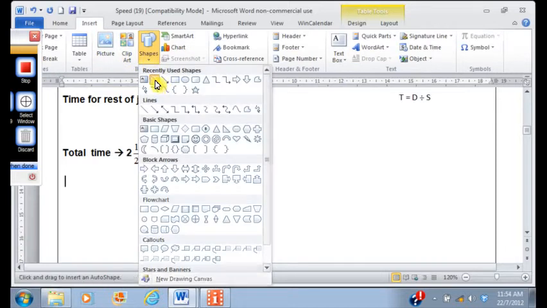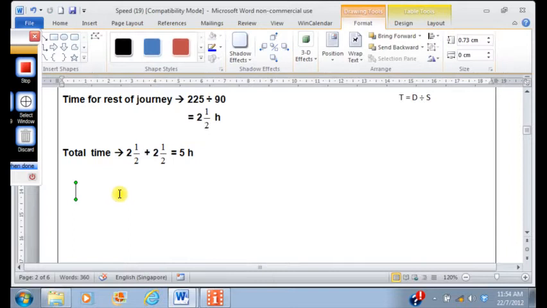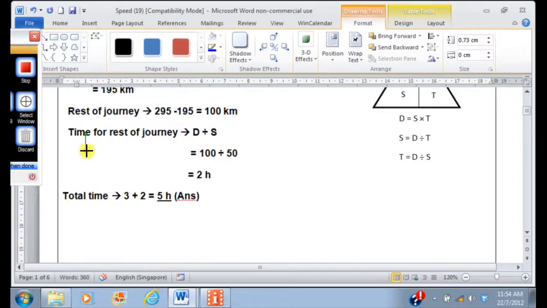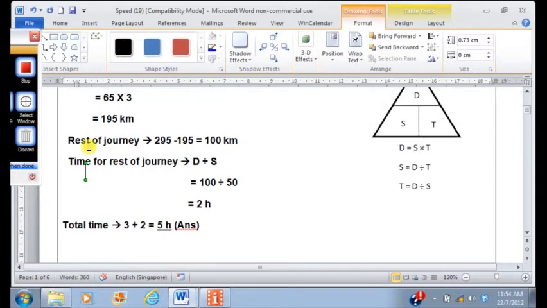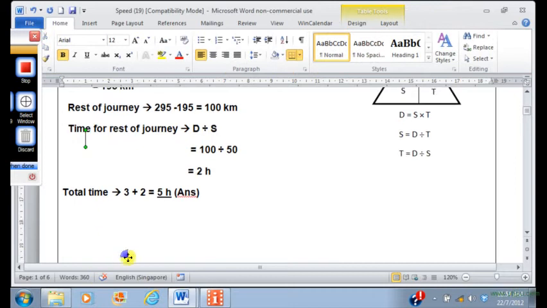So I'm going to draw a timeline. So give me some time. I need to draw the timeline properly.